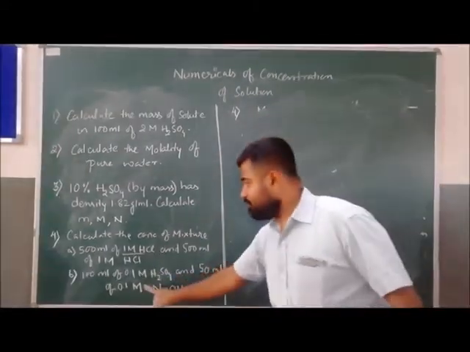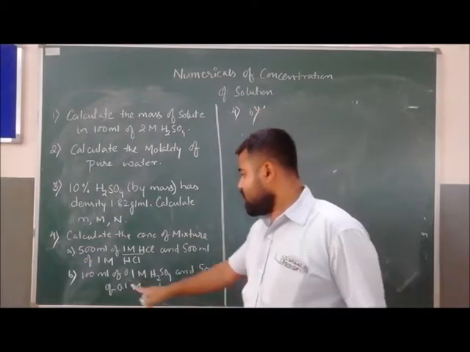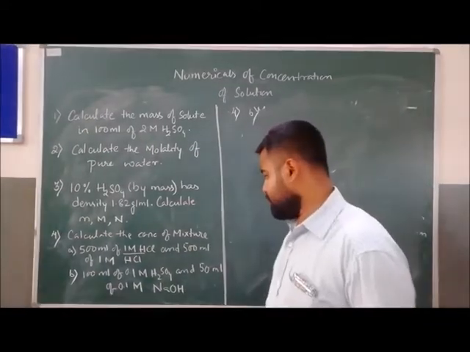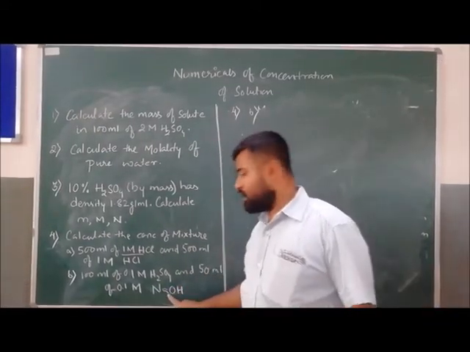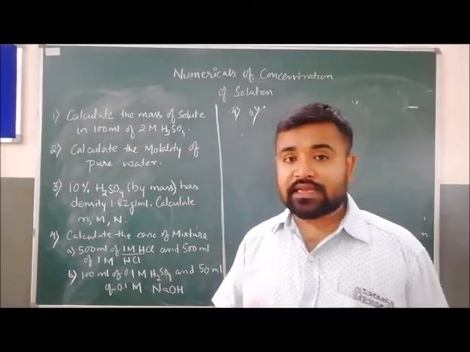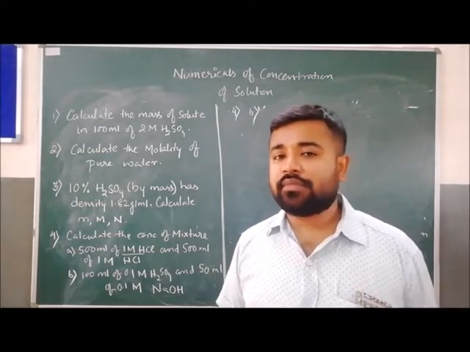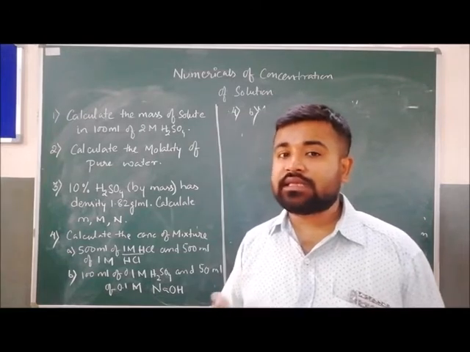For B, what was given? 100 ml of 0.1 molar H2SO4, clear, and 50 ml of 0.1 molar NaOH. So I have told you, whenever one acid and one base are added, there will be some reaction. That's why in that case the dilution formula is different.